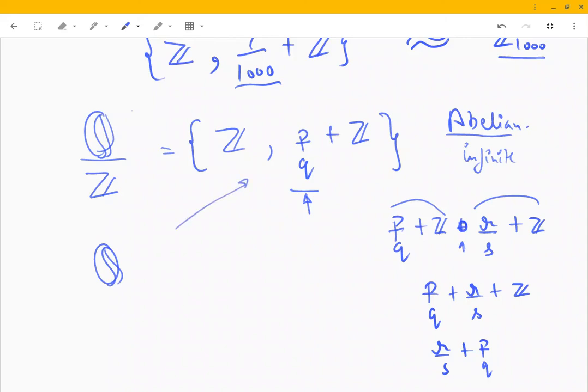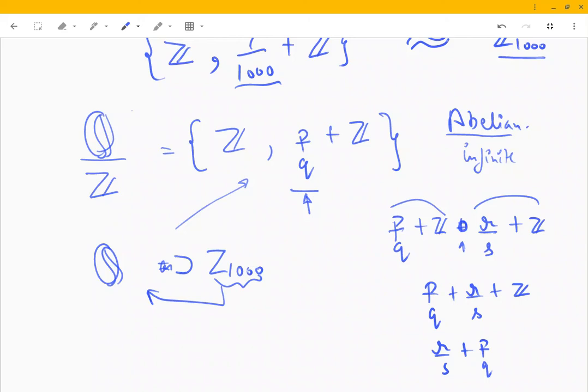Like if Q is 1000, we can take Z1000 as a proper subset. Yeah, it is a finite cyclic subgroup of this group.